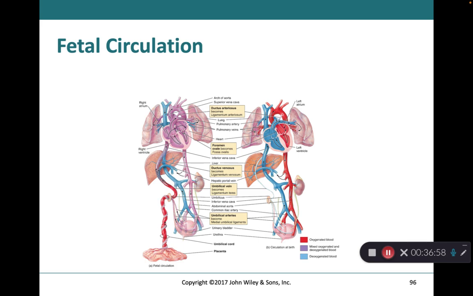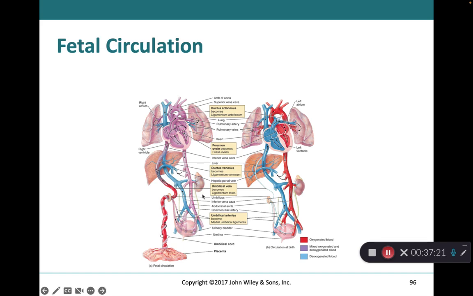Between our pulmonary trunk and aorta, we have the ductus arteriosus, okay, known as the ligamentum arteriosum after birth, and this bypasses the pulmonary circuit because, again, we don't need blood to flow through the lungs because it's not getting oxygenated there. Okay.